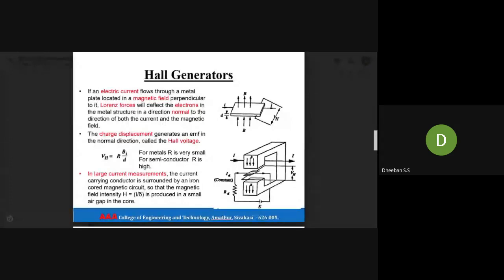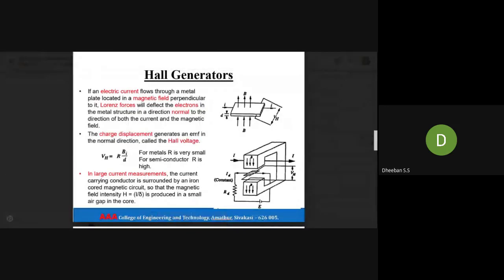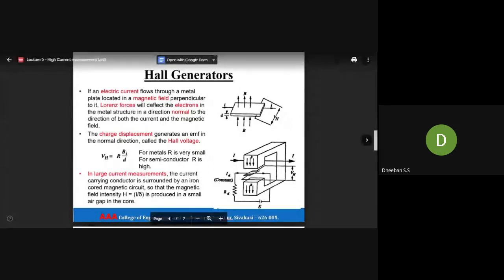What this Lorentz force does is deflect the electrons in the metal structure in a direction normal to both the current and the magnetic field. The Lorentz force, which is perpendicular to both your current and your magnetic field, will deflect the electrons in the metal structure.